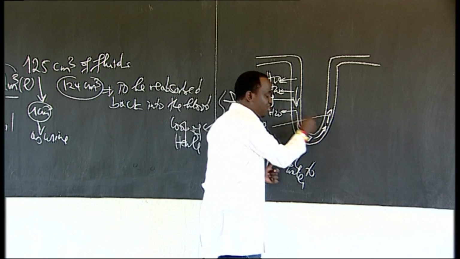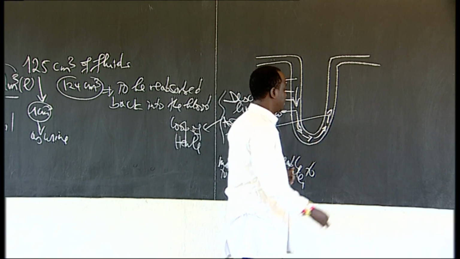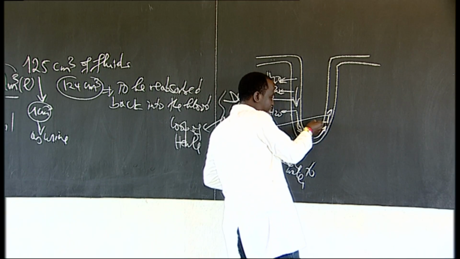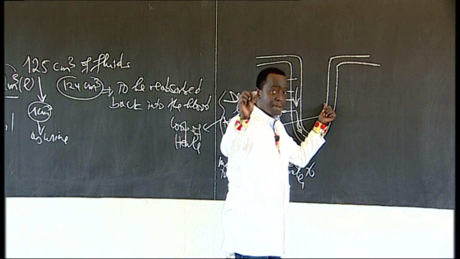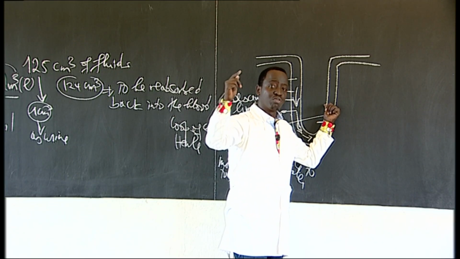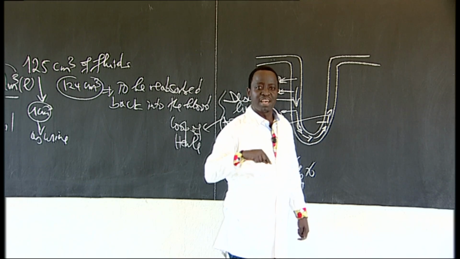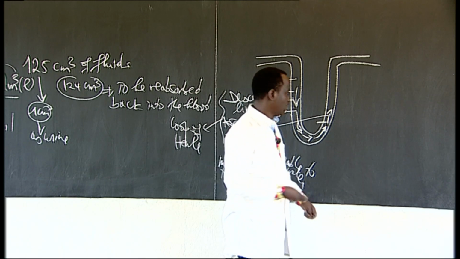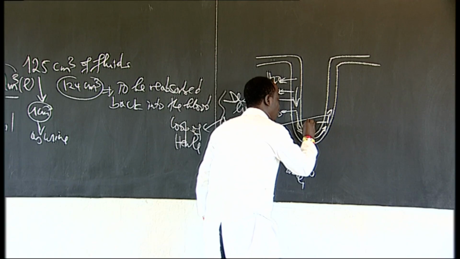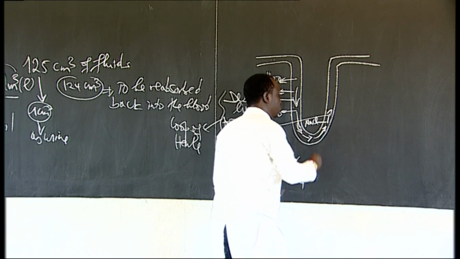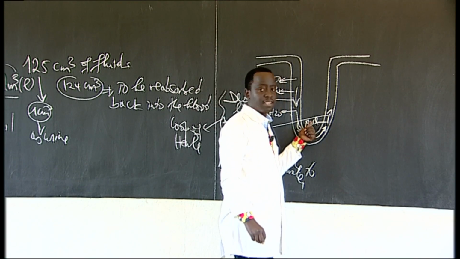Now, our urine gets here on this side. So what's going to happen here? Because it is permeable to salt, the salts are going to be removed. Some ions are going to be pumped out. If they are pumped out, we have NaCl. It is sodium chloride. It is a salt.